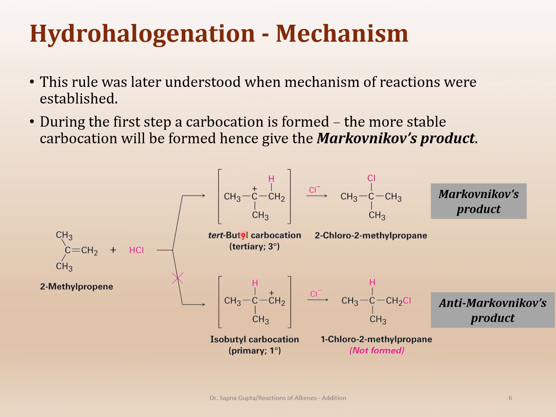So this carbocation will be formed a lot more, and therefore this will be the predominant product, which means that now when the chloride adds, it will add to the tertiary carbocation. However, the primary carbocation never forms because it's not stable, okay, and hence you get the Markovnikov product when you have an asymmetric alkene, purely because of the stability of the carbocation.